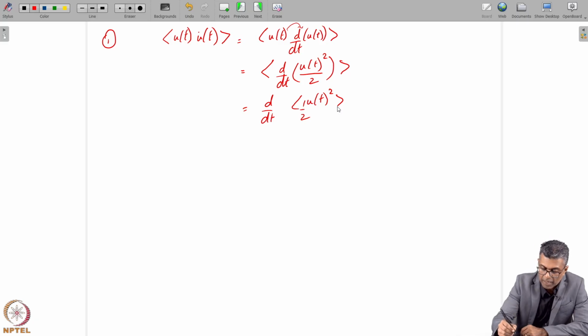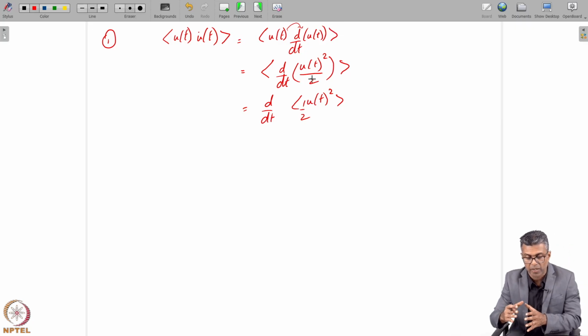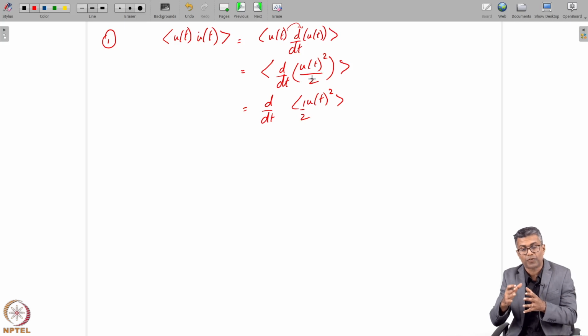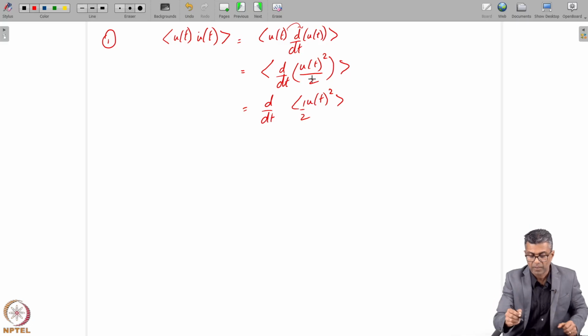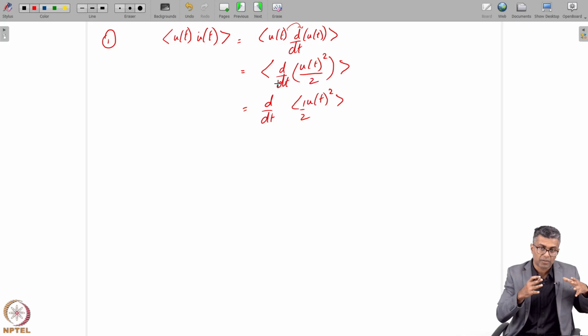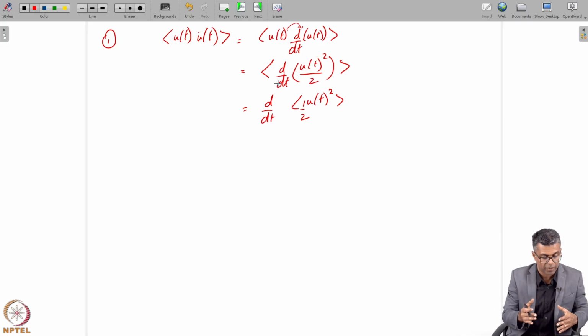Remember what happened here. I took the u(t) inside, and then I have u(t) times d/dt of u(t), which is d/dt of u(t) squared divided by 2. That's essentially the time derivative of half of the variance, of course. However, what we have done is take the d/dt out of the covariance part, out of the time averaging part, because it is independent of that.